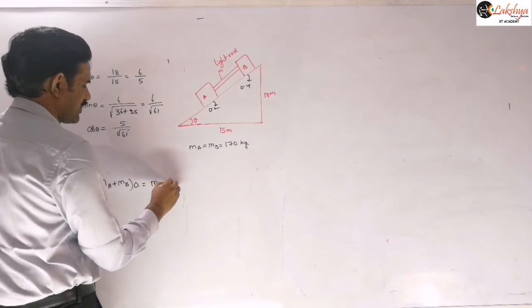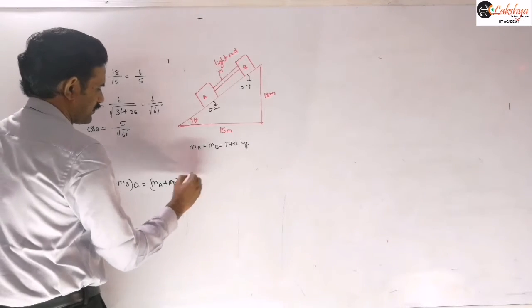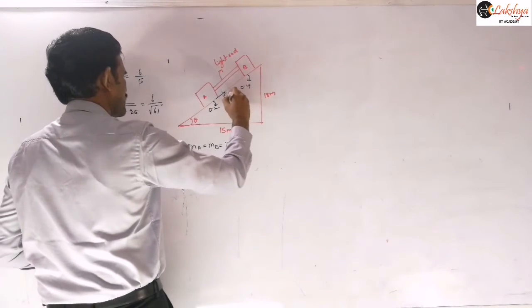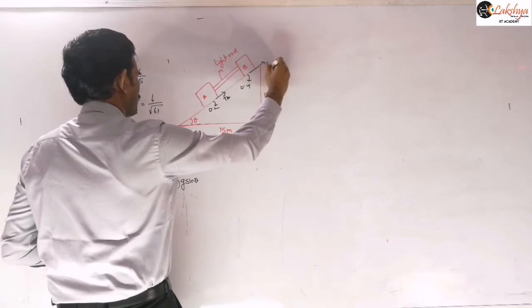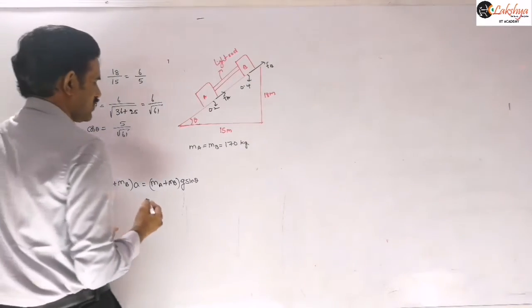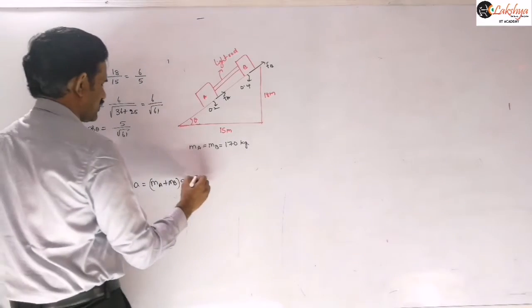So (MA plus MB) into g sin theta, and here the friction will be there. This is FA and this is FB here. Those frictions will be there up the plane. So we are taking both of them as a system, so no need of taking the tension in the rod.